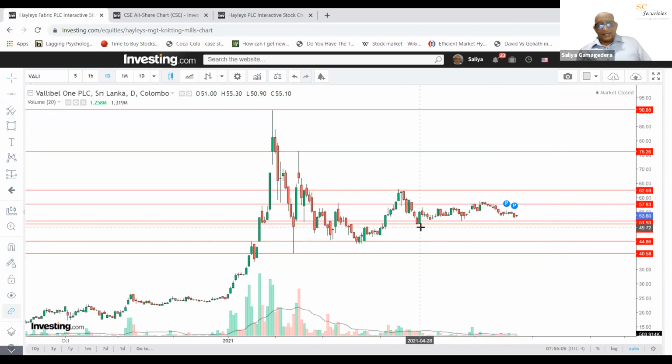Now, this I purposely drew by taking this significant area. But if you look at the other line, I took this level and this level to draw these two lines.